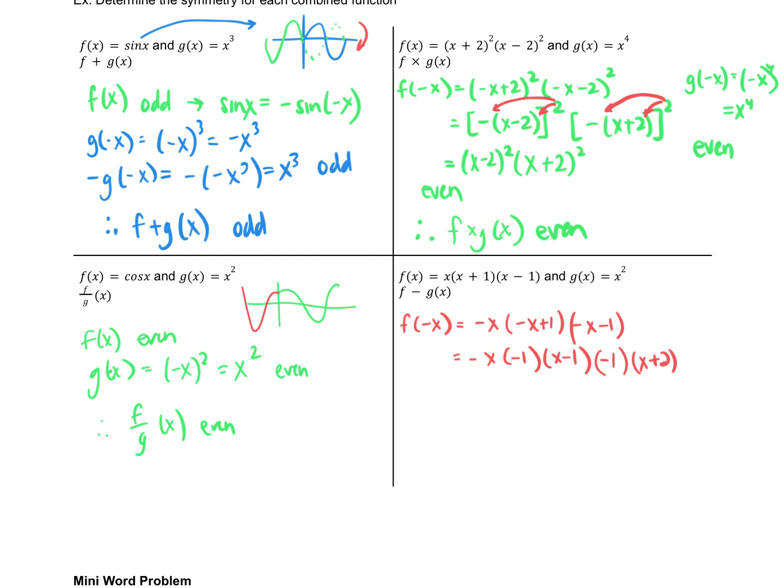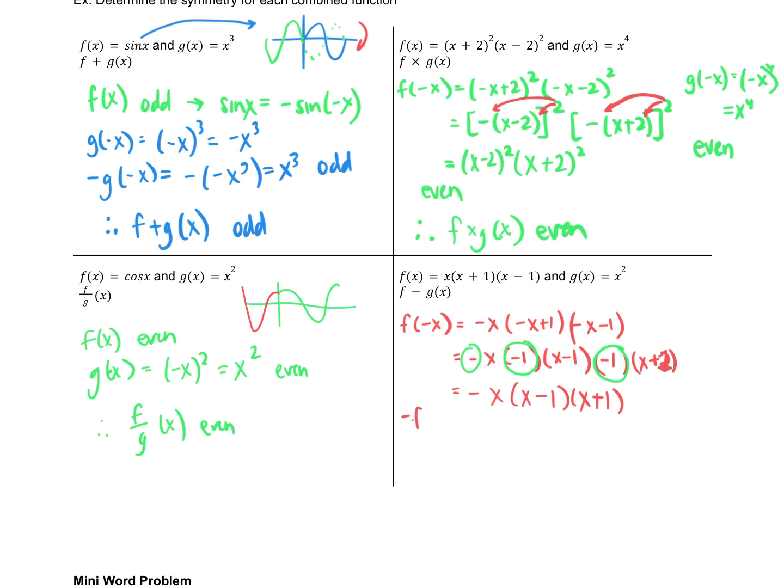And now I'm just going to look at negative times negative times negative. That's still negative. So I'll just have the single negative out front. Oops. Oh, my apologies, that should be a 1, not a 2. All right, now when I compare, these are different.